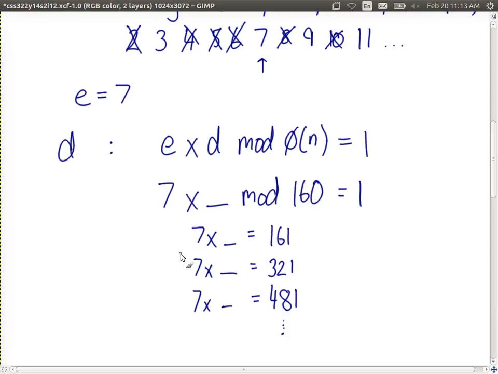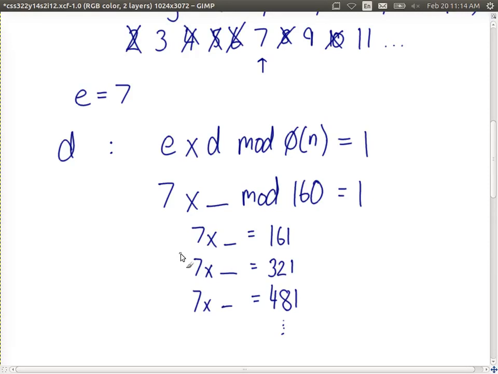So the general approach, if you're doing it by hand, is to check what numbers can we multiply by 7 to get some number which, when we divide by 160, has a remainder of 1. So 7 times something equals 161, or 7 times something equals 321, or equals 481, or keep going.